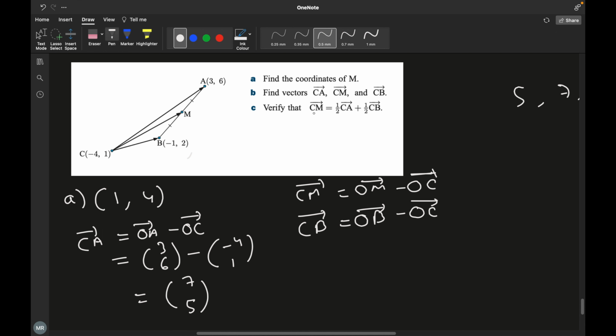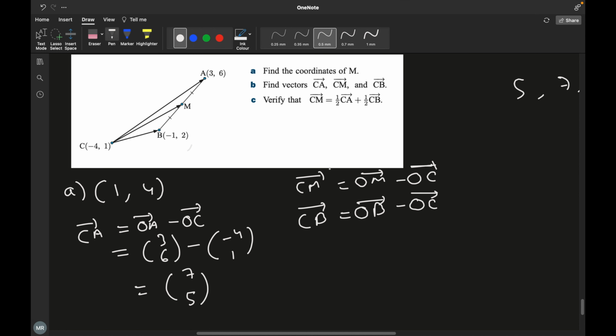We have to verify that CM is the same thing as half CA plus half CB. Okay, I guess after all we have to find this. I will just work this out. CM would be OM, which we already have, minus OC, which is (-4, 1). This is going to be (5, 3).